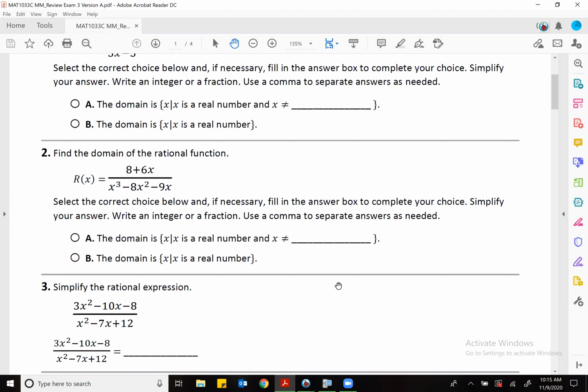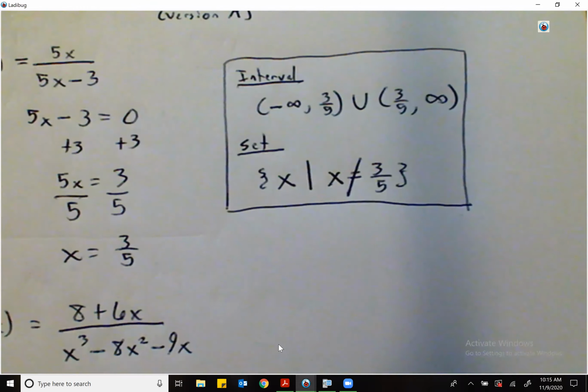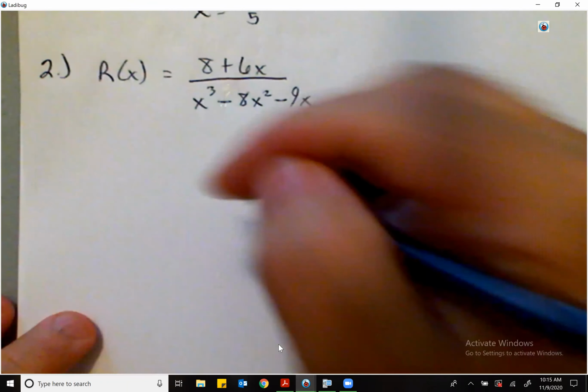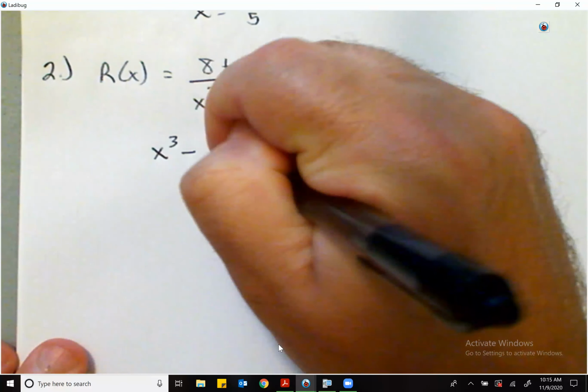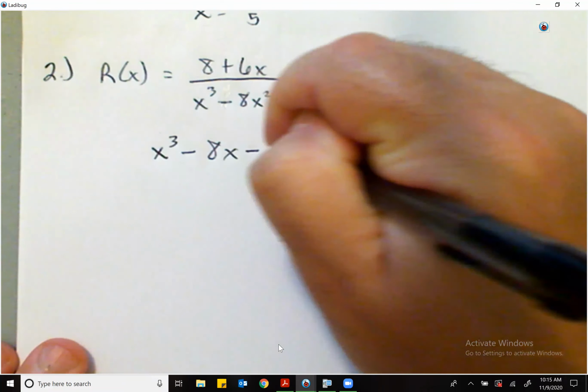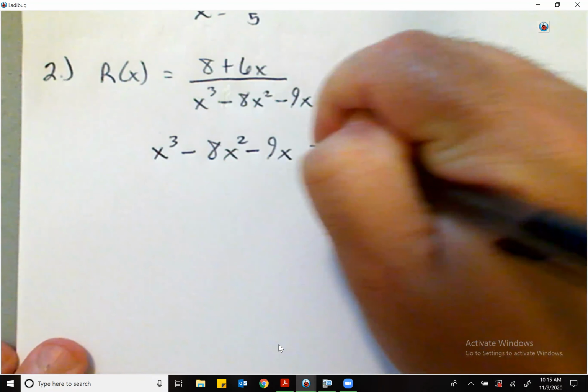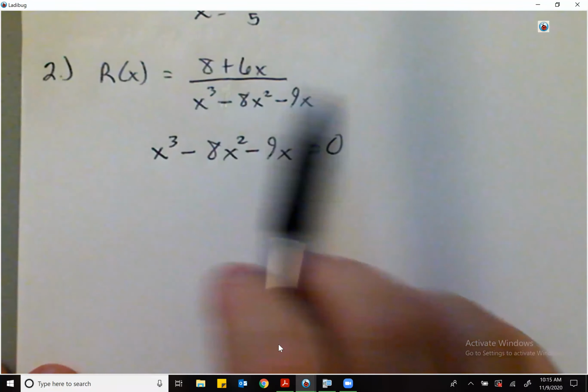You're going to have x to the third minus 8x to the second power minus 9x equal to 0, because we want to know when this is 0 down here.